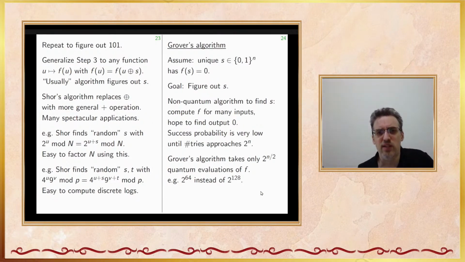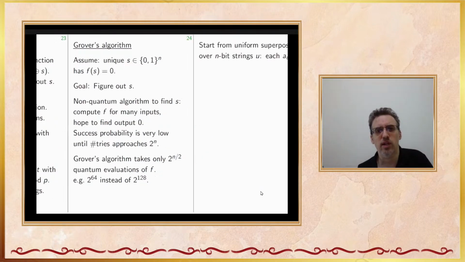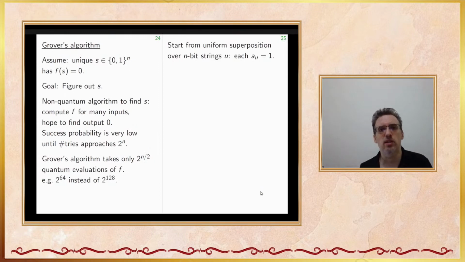For instance, if n is 128, then instead of 2 to the 128, which is a very, very big computation, it's 2 to the 64, which is something that we could maybe do. Again, I'll get back to the consequences of this for cryptography later. It's certainly a big change in the numbers that you see, 2 to the n down to 2 to the n over 2.